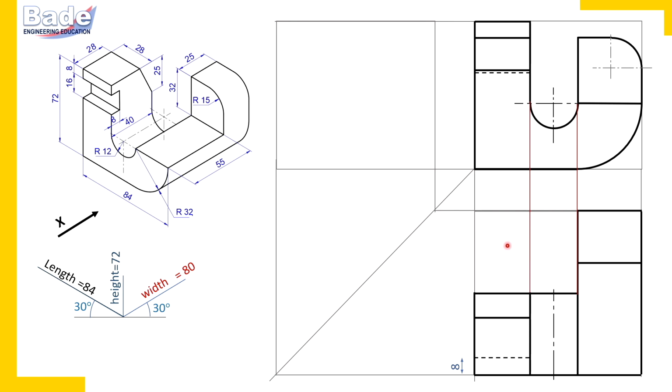Now, side view. Actually, in the question paper, the side view was not asked, but we are completing it because we are simply having practice. So let's proceed. From the side, this surface is nearest to the observer. So let's draw this surface.